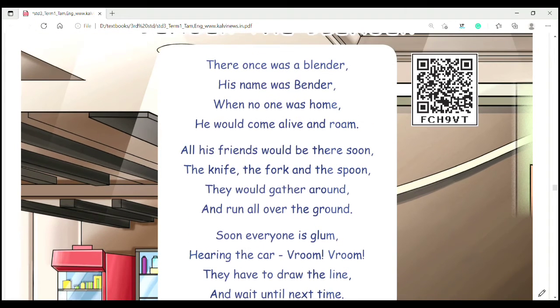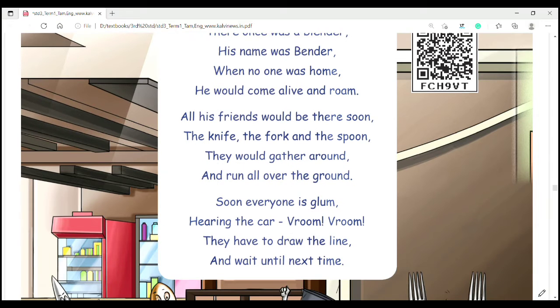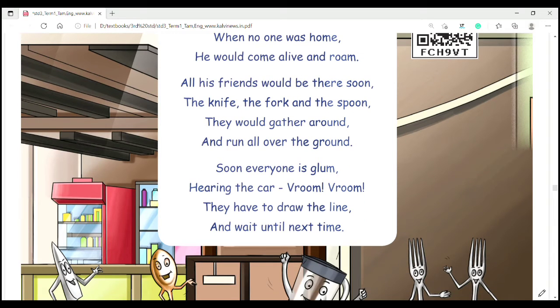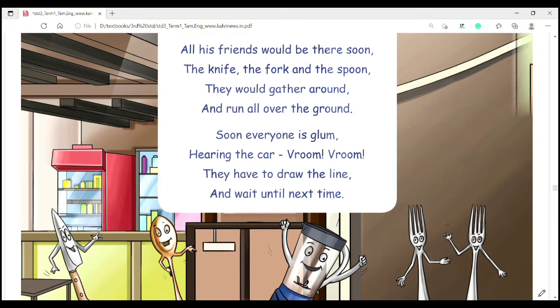There once was a blender, his name was Bender. When no one was home, he would come alive and roam. All his friends would be there soon, the knife, the fork, and the spoon.